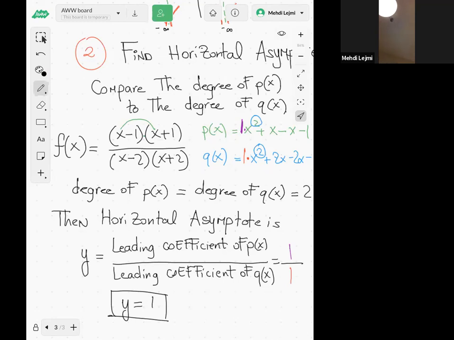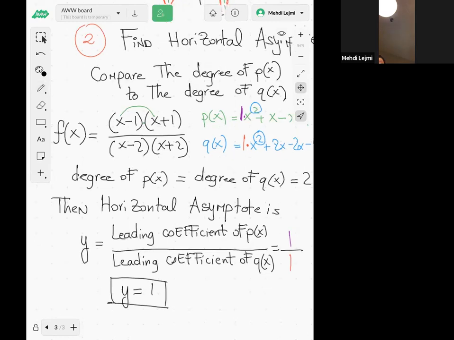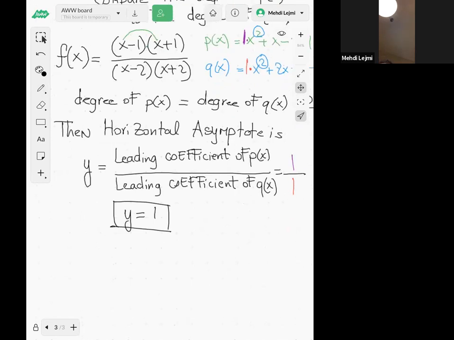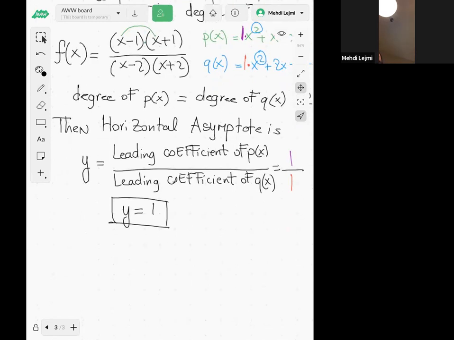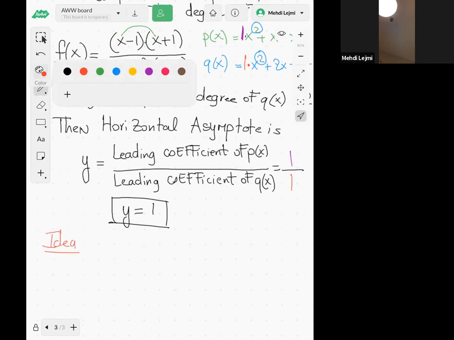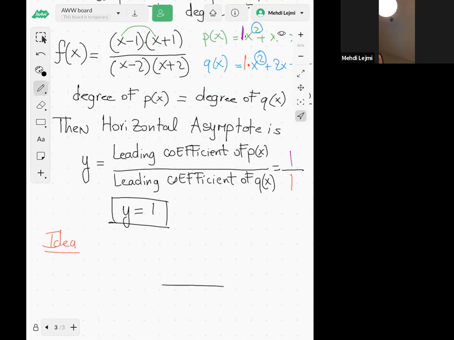Okay. All right, so I got my vertical asymptote and my horizontal asymptote. Now, before the x-intercept, let me explain what I mean by having y equals 1 as a horizontal asymptote. So in the graph, the idea is the following. You have your graph, right?